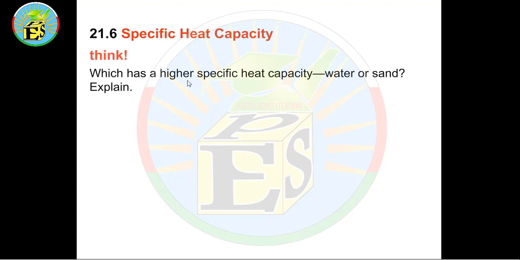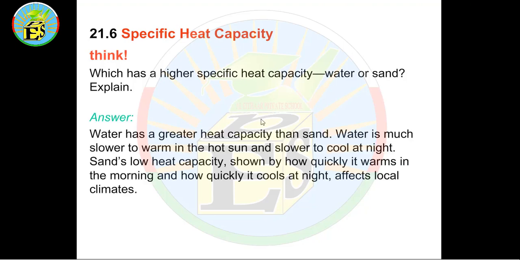Think: which has a higher specific heat capacity, water or sand? Explain. Water has a greater heat capacity than sand. Water is much slower to warm in the hot sun and slower to cool at night. Sand's low heat capacity is shown by how quickly it warms in the morning and how quickly it cools at night, which affects local climate.